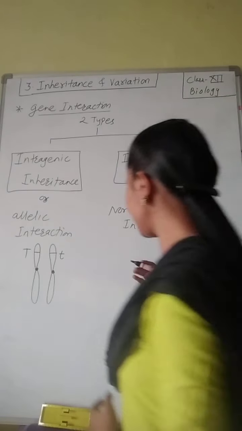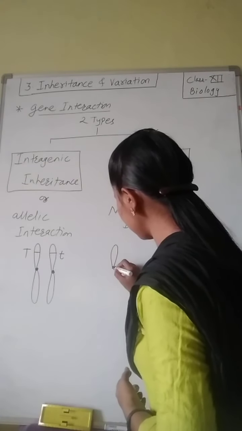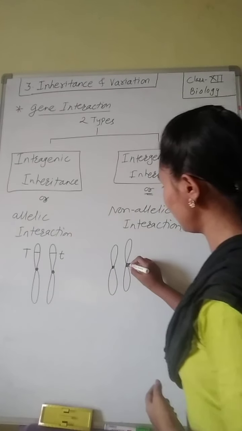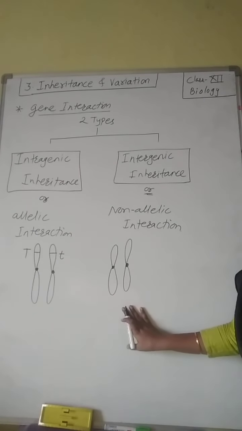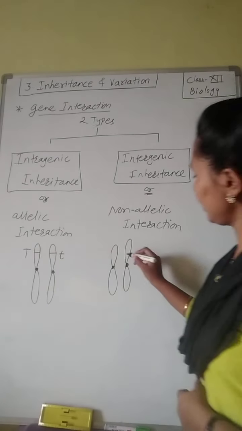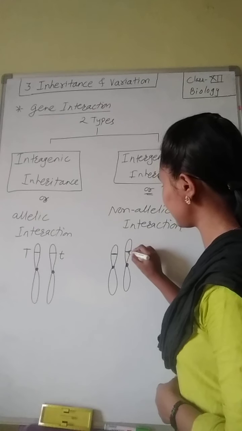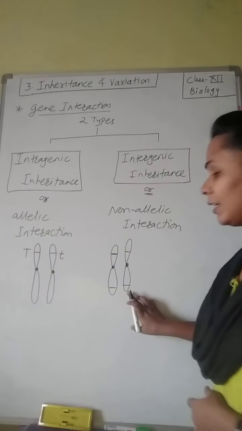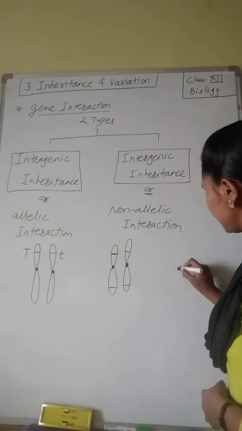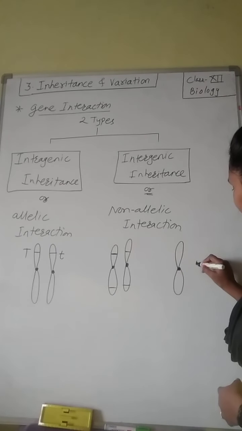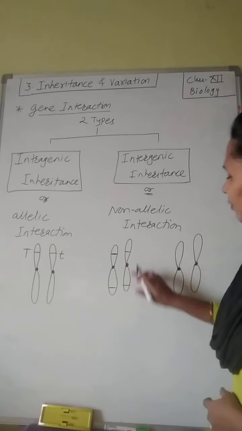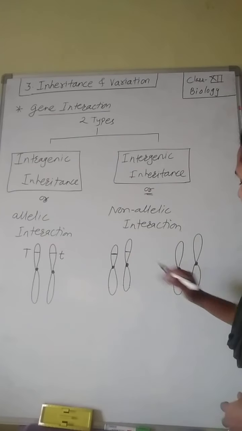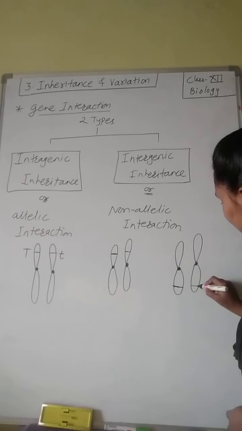For example, suppose this is one chromosome with one gene here and another gene there at a different locus, or this is another chromosome and one gene is present on it.